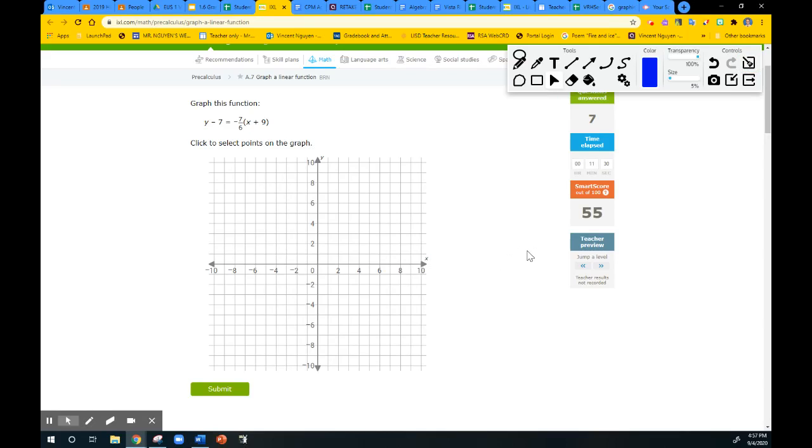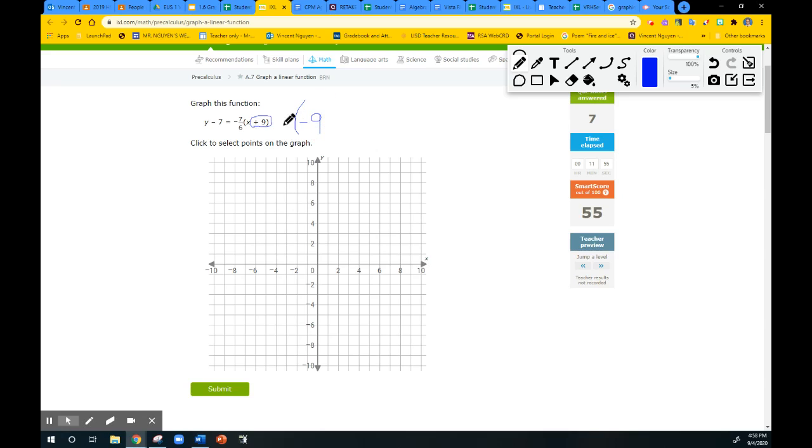Okay, good. Here's one that we haven't seen. This is point slope, right? It's actually pretty easy to graph as well. The only thing you need to remember is to write the x variable first. However, it is opposite. The point is going to be opposite of what the equation gives you.